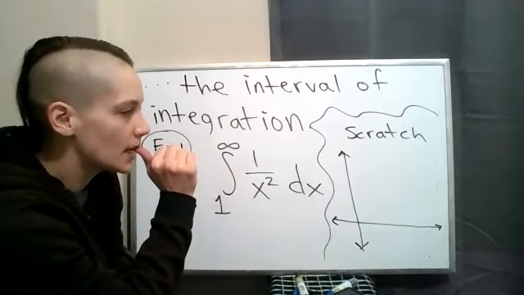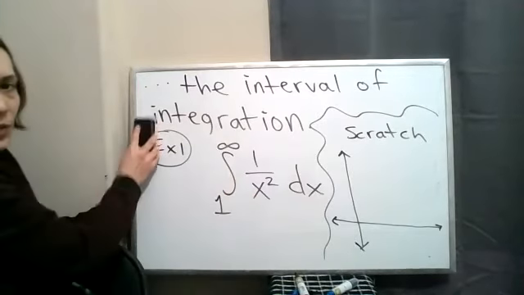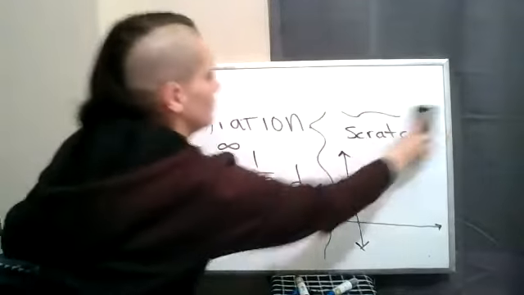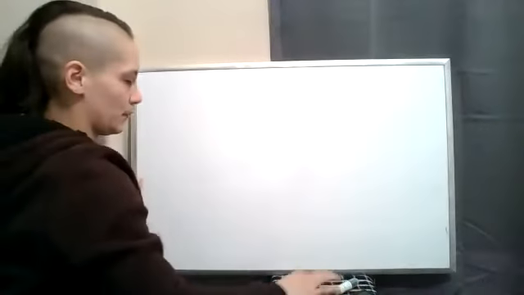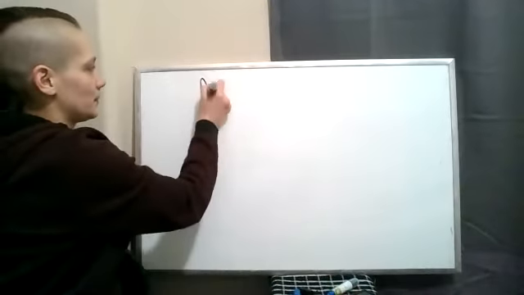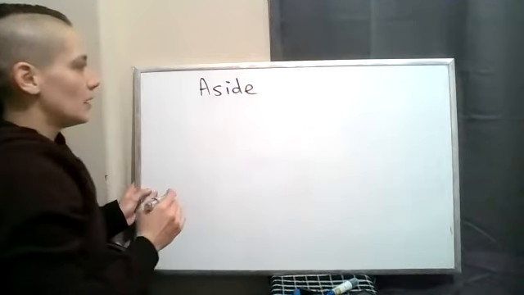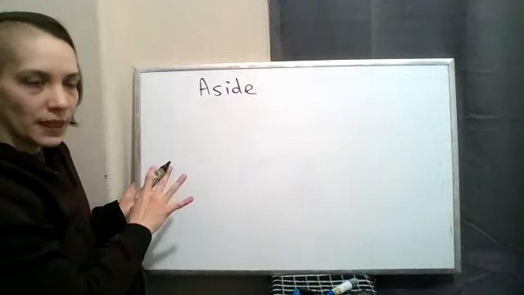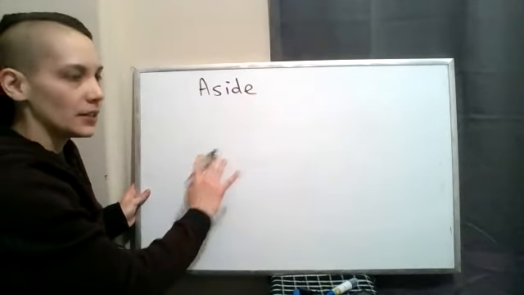Okay, we'll come back to this. So there's a question about converging and diverging. I think I can answer it. Let's do some side work. Okay, so you have your integral and change it to a limit, and then your limit.